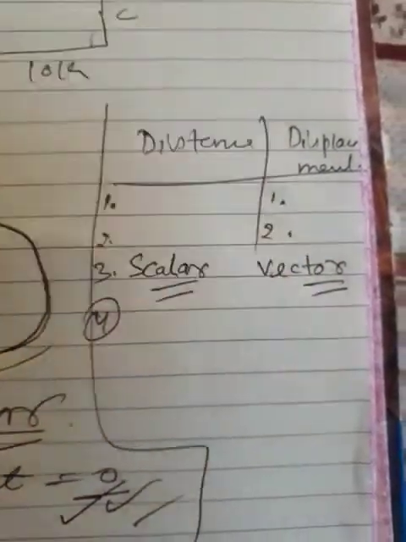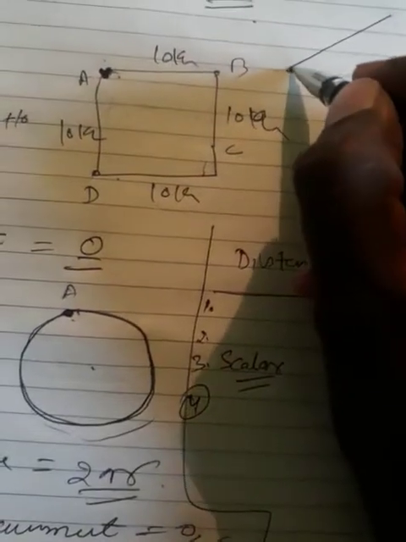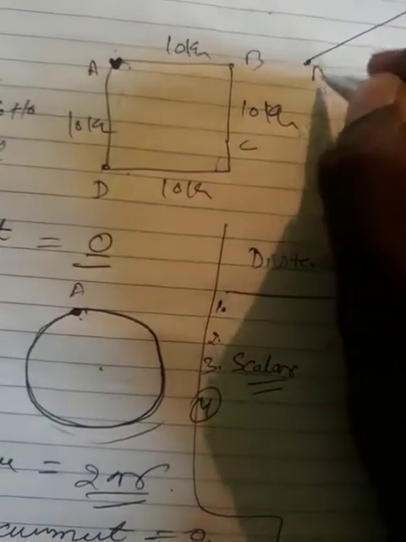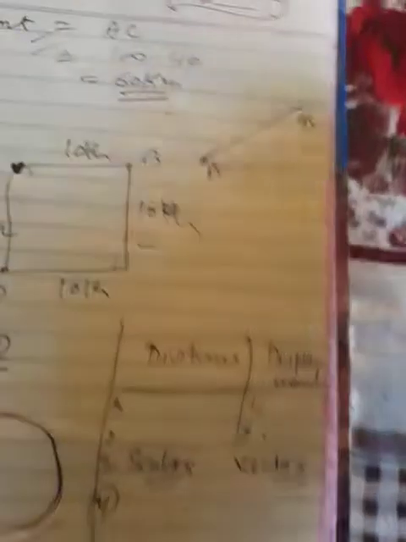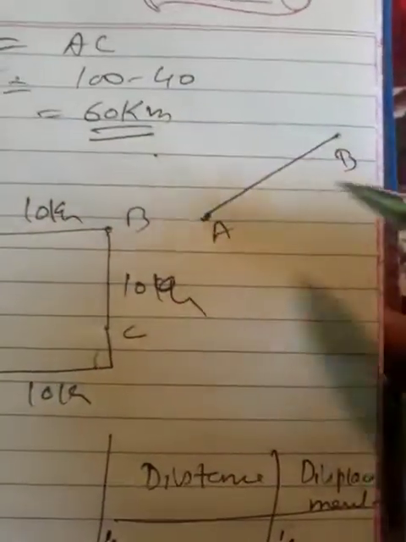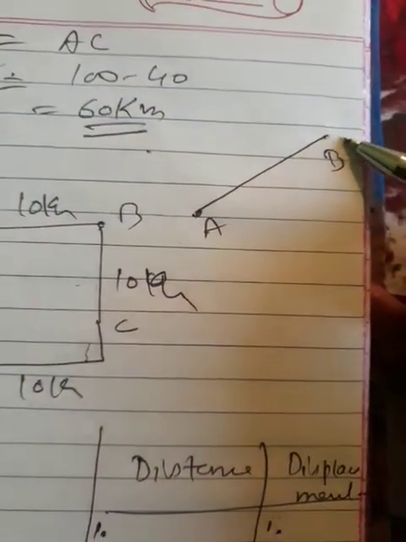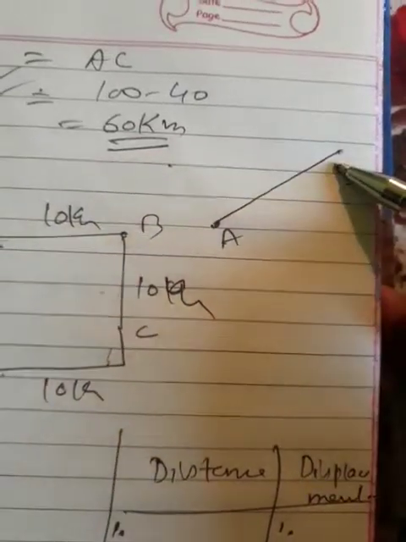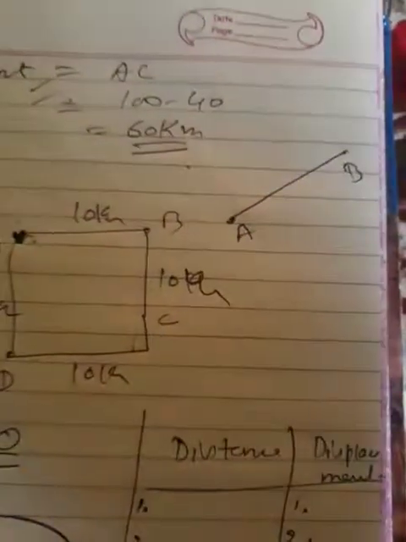When the object moves in a straight line, in this case distance and displacement are both equal. When an object moves from point A to point B in a straight line, the distance and displacement are both equal.